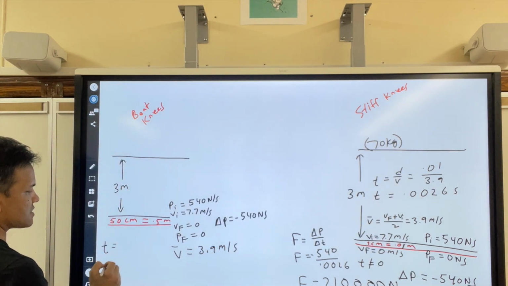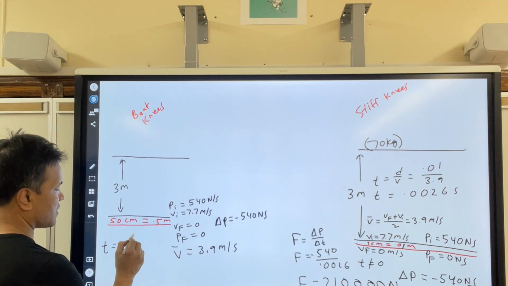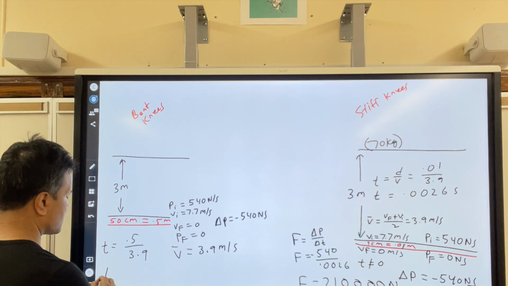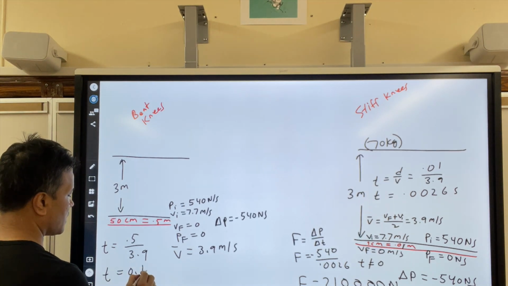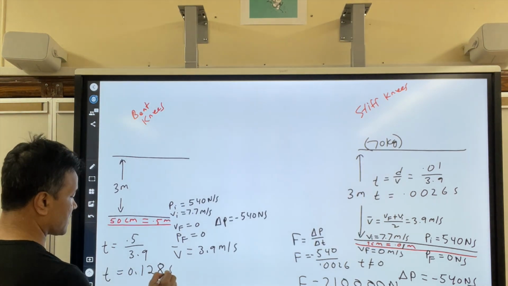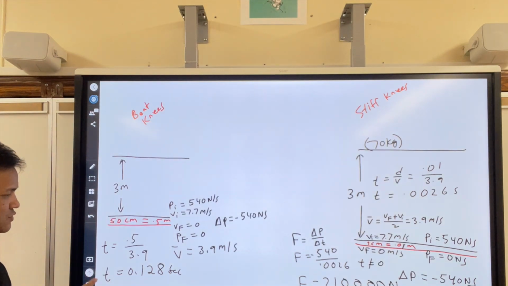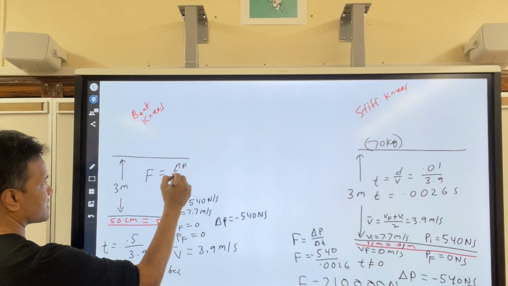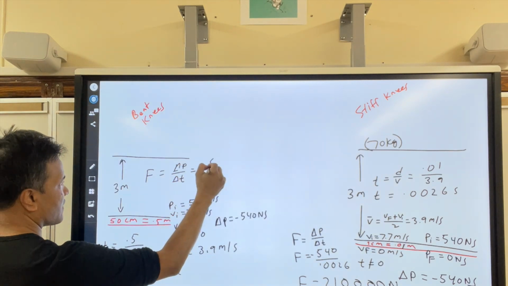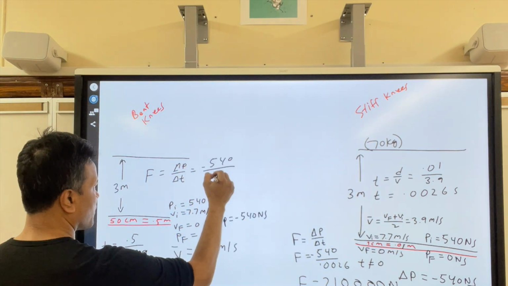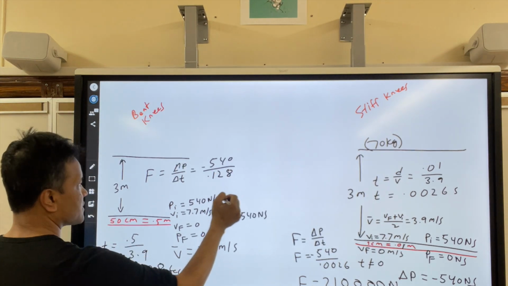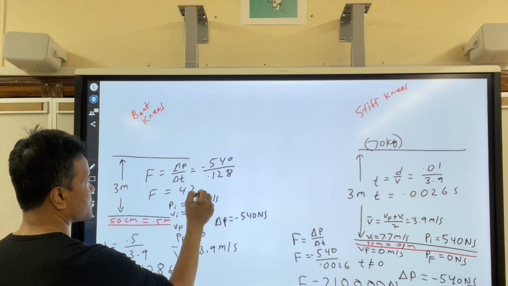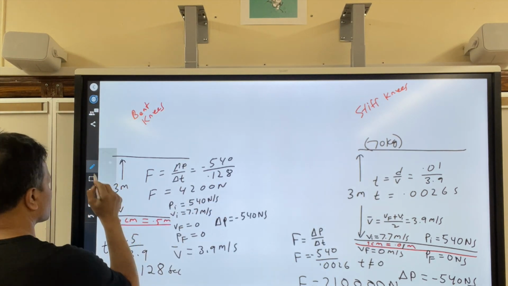Time is distance, which is 0.5, over velocity 3.9. So time is 0.128 seconds. Alright, so we are trying to find the force, right? Force is delta P over delta T. So that is 540 divided by 0.128. And that's going to give you F is equal to 4200 Newton. Box it.